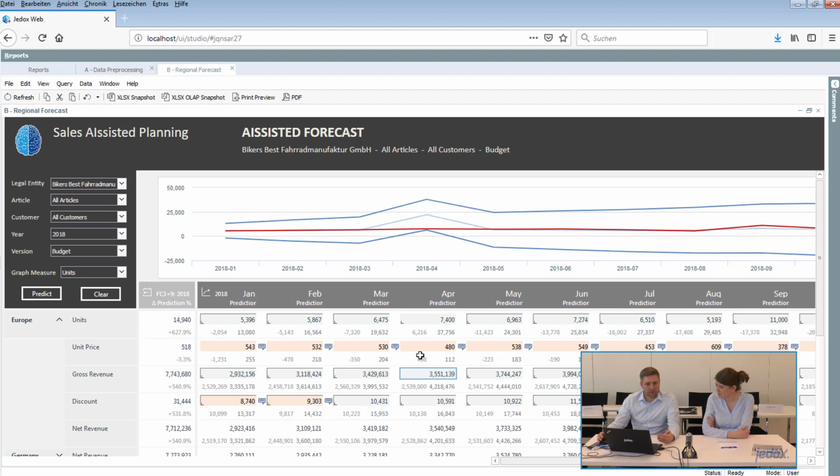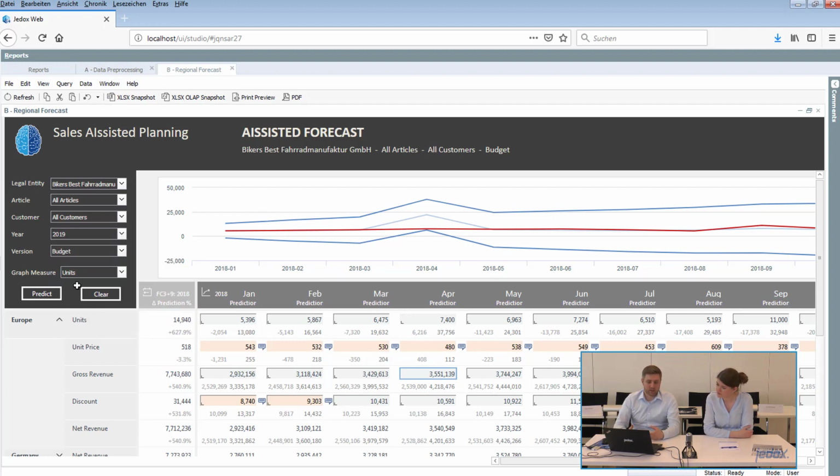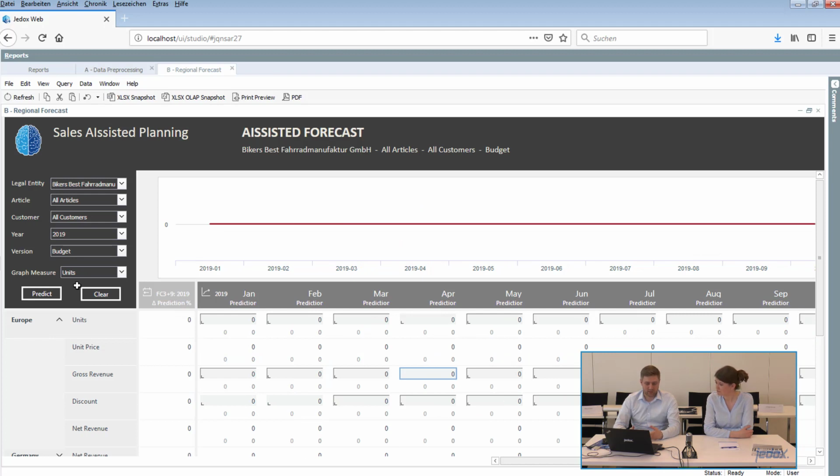So the more difficult part of forecasting is when we start from scratch. So now I want to plan and forecast for the next year, 2019. And nothing is there. So I don't have any values to compare with. So what will I do? I will look at the previous year, maybe not only the previous year, but the last 3-4 years.